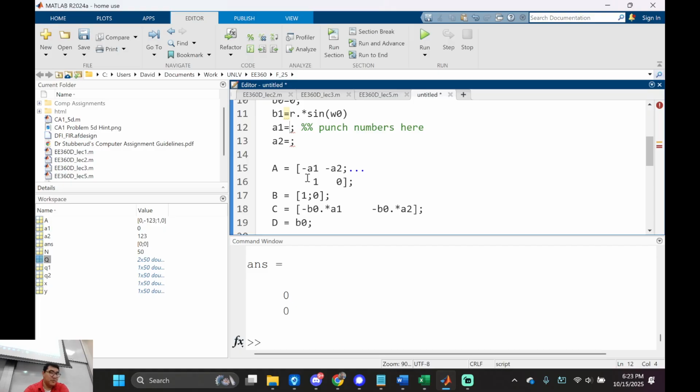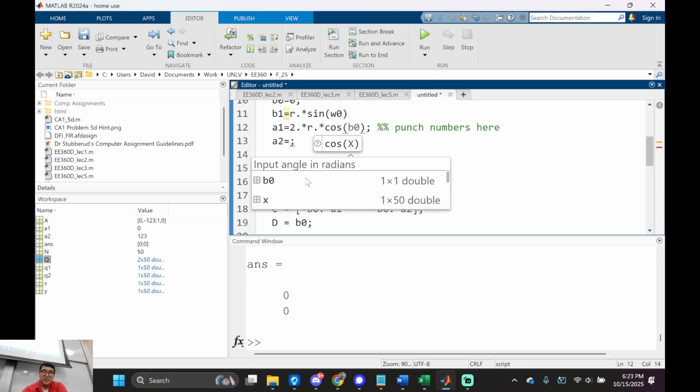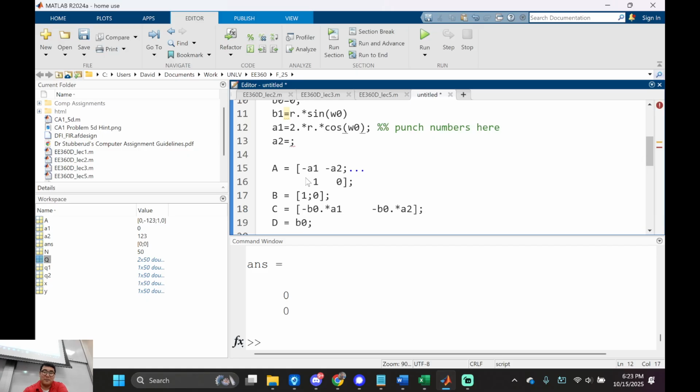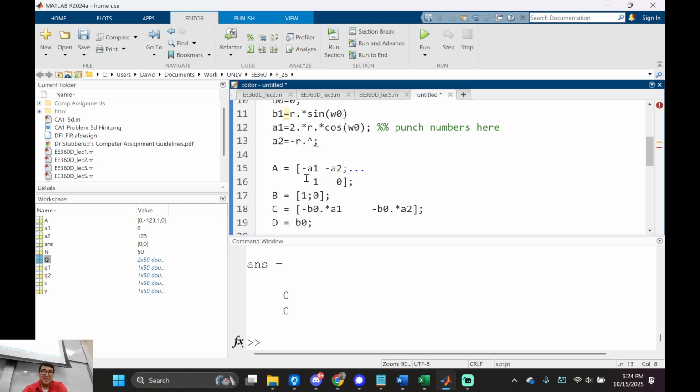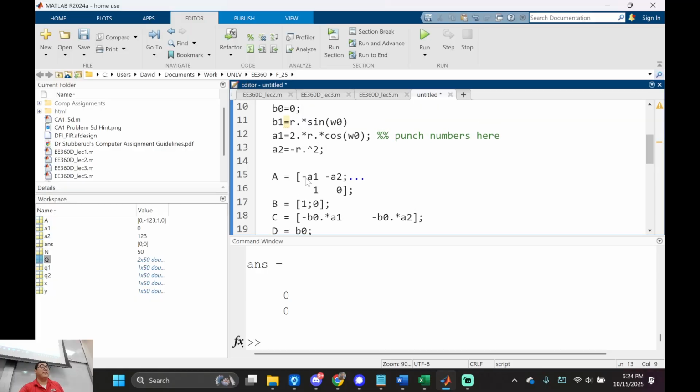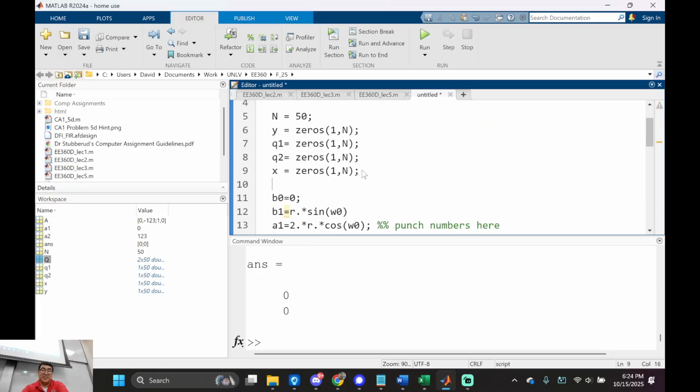A1 is equal to 2 dot times R dot times cosine omega naught, or omega 0, resonant frequency, right? What's A2? Minus R dot power squared. Is that good with everybody? Now let's start punching in more things. R is equal to, I'm going to put 0.99.